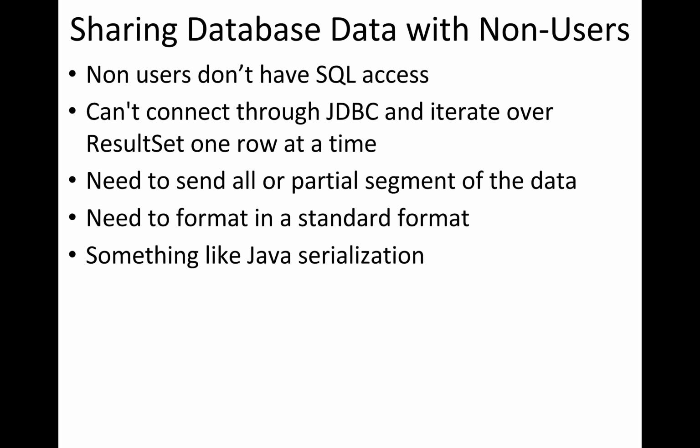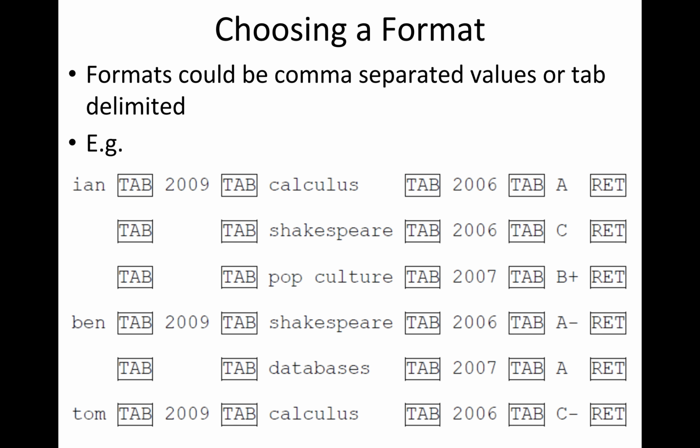So we need to be able to represent them. Users might not have direct access to the SQL. They might not be able to just sit at the command line and type SQL commands, right? Or they might not have access to JDBC or even the application layer, the data layer that accesses it. So we need to look for some other mechanism that we can serialize, somehow represent this in a non-proprietary mechanism that can be shared with others.